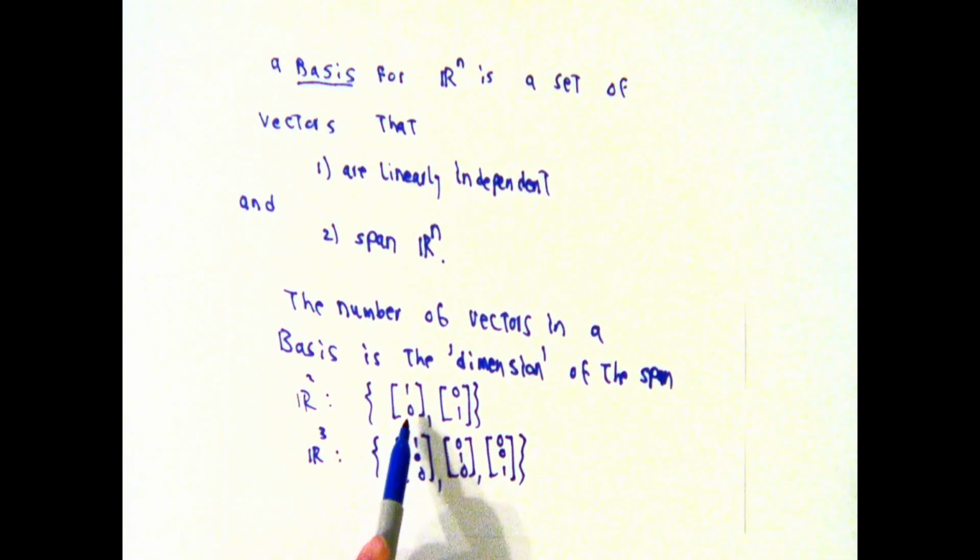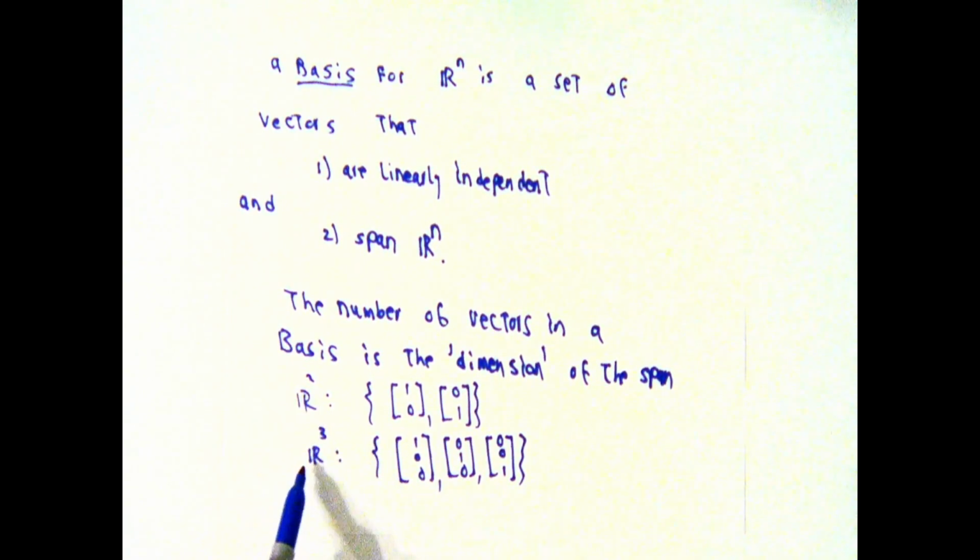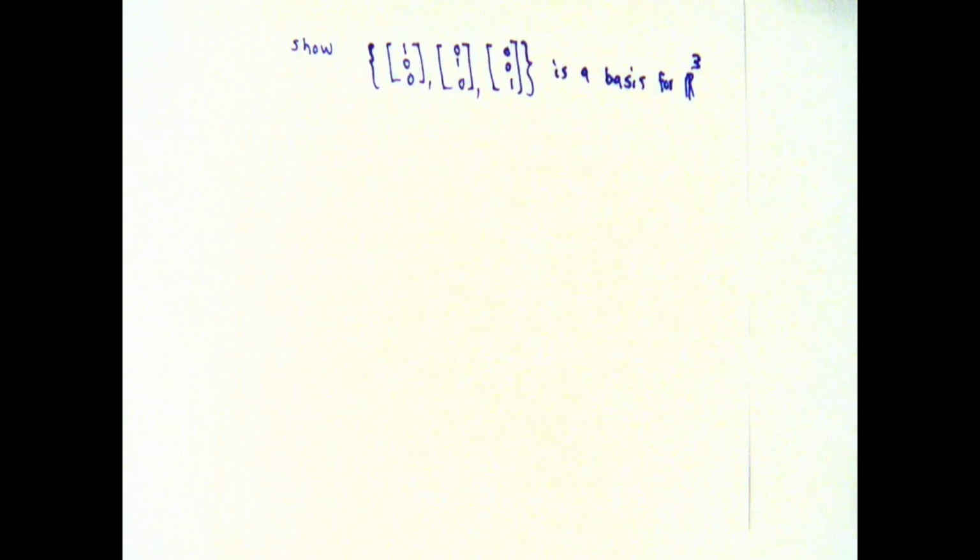This would be our column version of what we called I. There's J. If you're in 3 dimensions, I, J, and K. To further illustrate what I've been talking about, I want to show at least one of these 2 things actually is a basis for either R2 or R3. This kind of setup is called the standard basis. So let's show that the alleged standard basis actually is a basis.